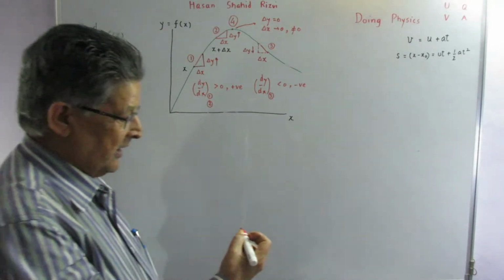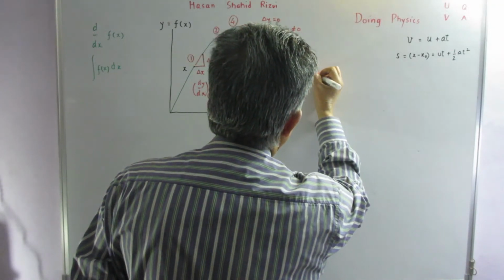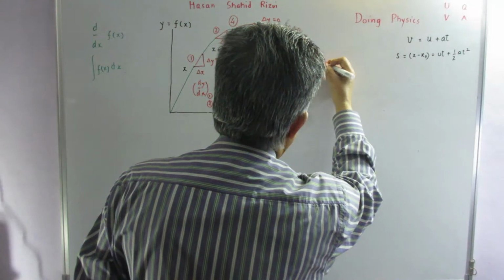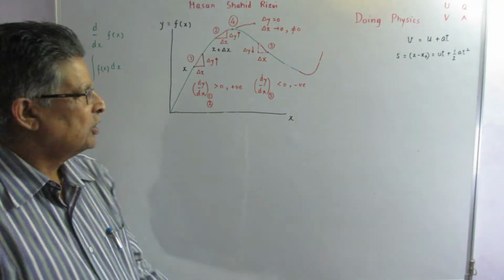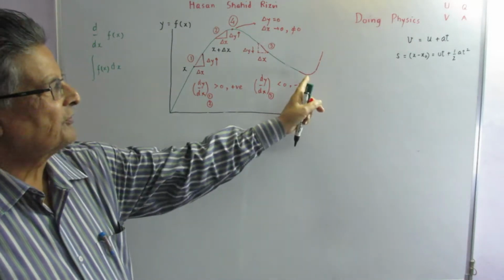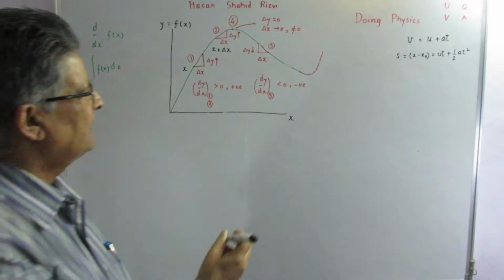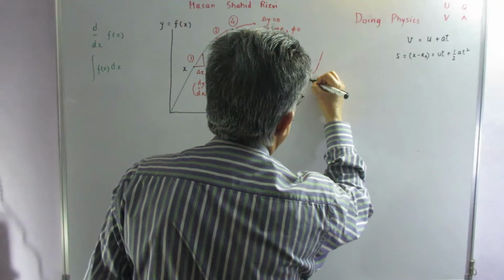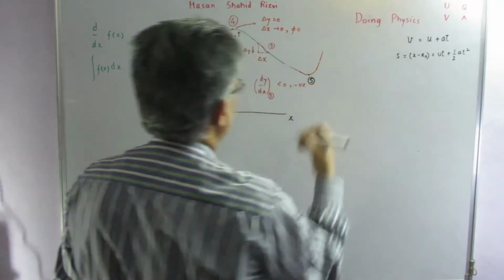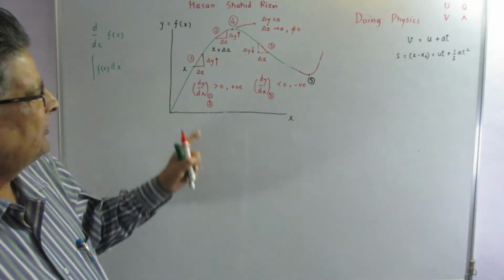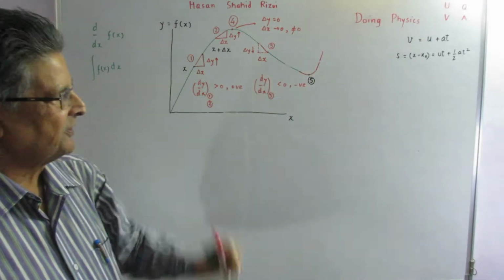Interesting. Allow me to extend this curve here. Then there is a point number 5 here, corresponding to which the value of the derivative dy over dx is again equal to 0.